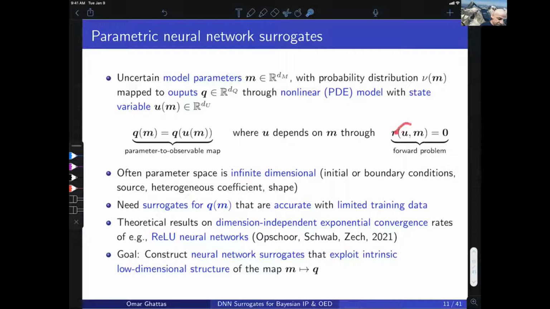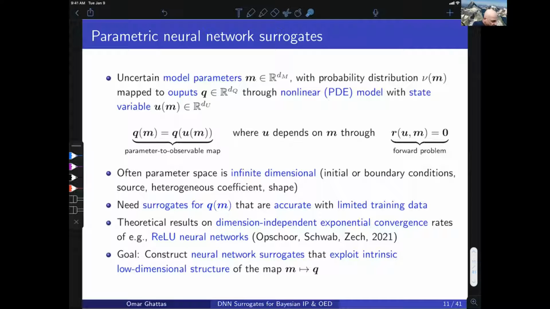So u is the state variables, and u depends on m through the solution of the forward problem. The key thing in this whole business is we need accurate surrogates with limited training data. Of course, if we could afford 10 to the 6th solutions of the forward problem to train a surrogate model, then there's no point in using the surrogate because we could afford 10 to the 6th samples. So we have to get by with order 100, order thousands, perhaps, depending on the problem.